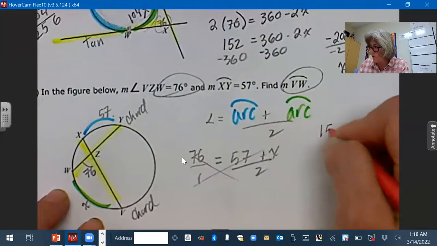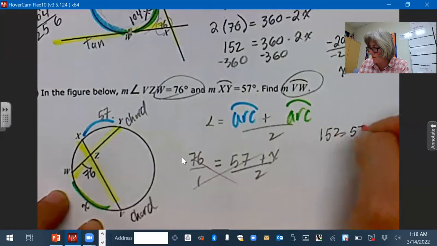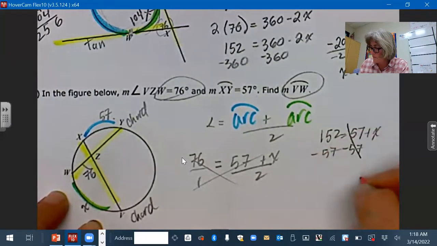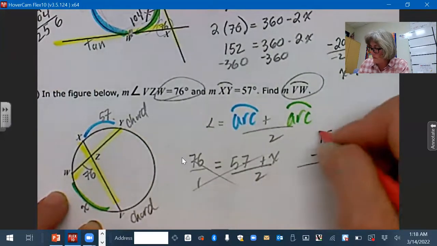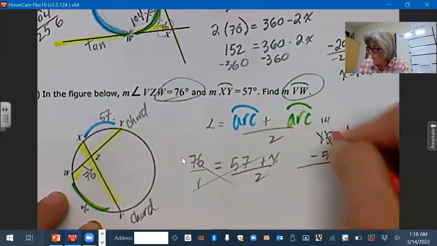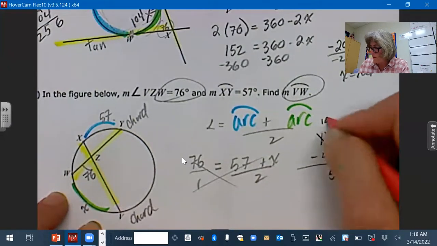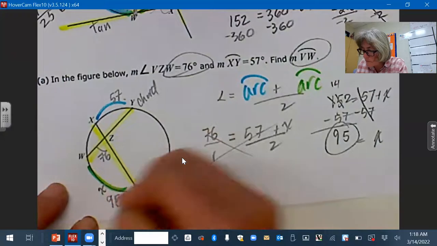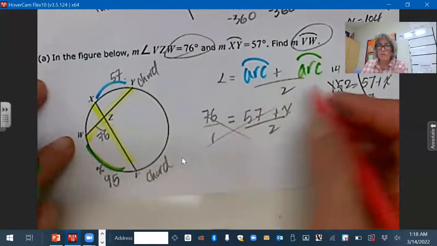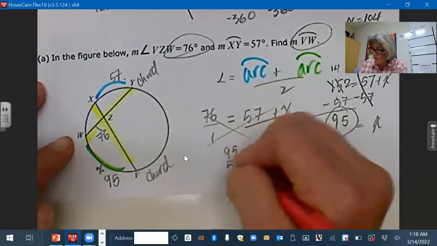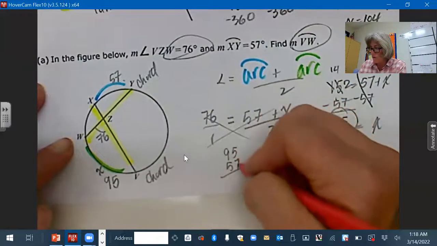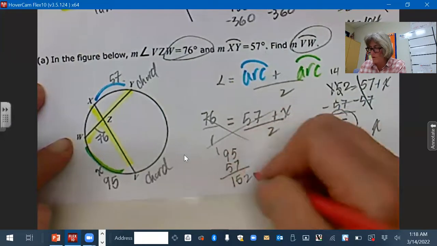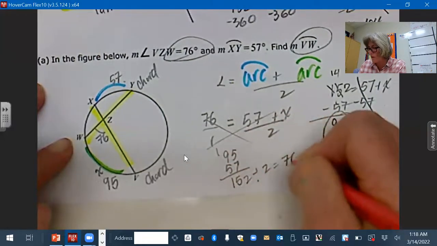That's going to be 152 equals 57 plus X. Borrow. That's 5. Your answer is 95. It's nice, you could always do a check. 95 plus 57, let's see here, it's going to be 12, carry the 1, 152, and if you divide 152 by 2, you get 76.